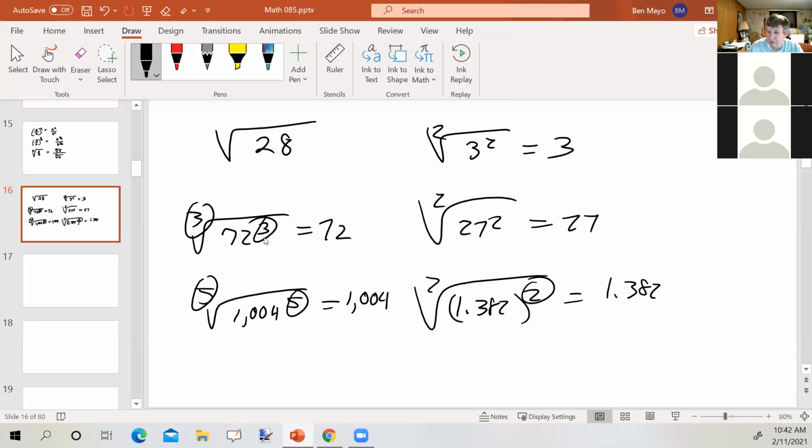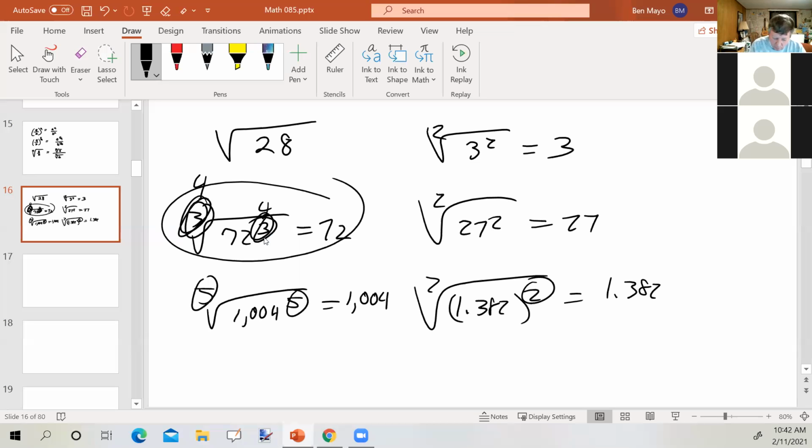So what if it had a 4 instead of 3? Like if this had been a 4? Yeah, if it was 72 to the fourth instead of thirds. But was this also a 4th power? No. We're going to get there eventually. Yes, it's coming.